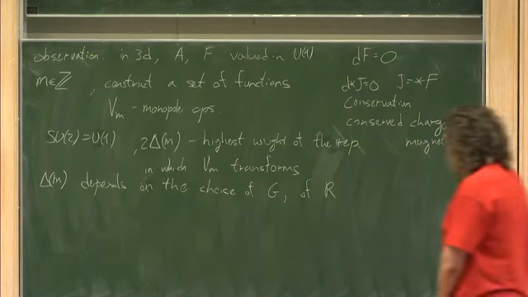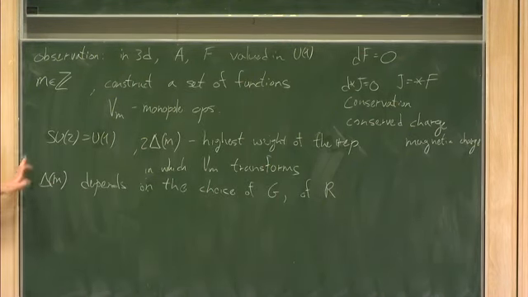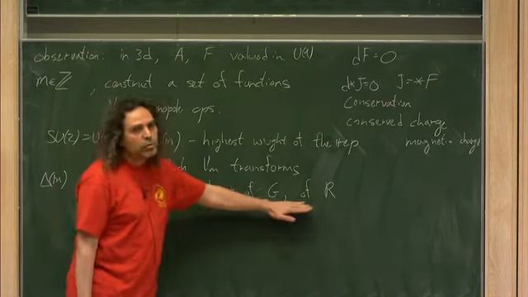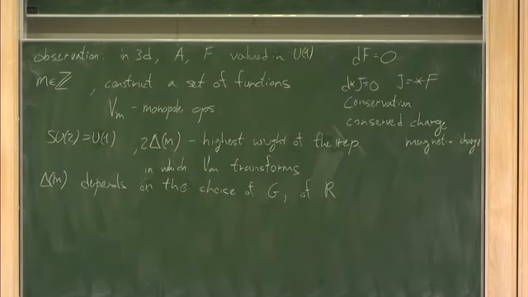So we will need to spend some time in order to understand how to compute delta of m as a function of any group that I choose and any representation that I choose. And that's, in fact, a very key point in the construction.